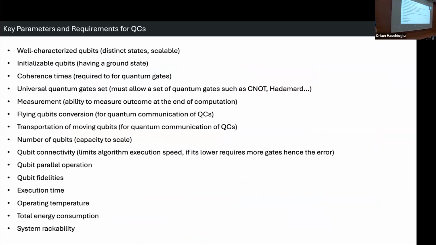So you need well-characterized qubits, distinct states, but they have to be scalable. Tabletop systems have limited ability for integration. So you need something initializable, which means I want them to operate whenever I want.